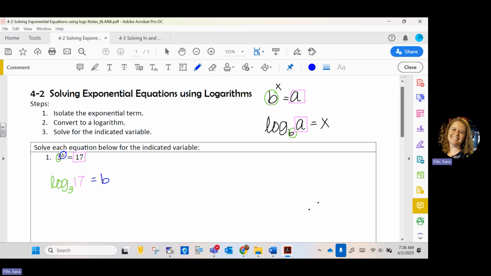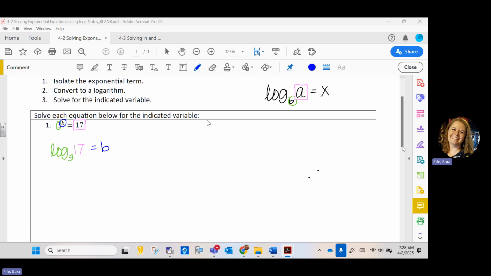So now I've actually already solved for the indicated variable. B is already alone now, isn't it? Now all I have to do is plug this into the calculator. When you test, it may not ask for a decimal answer. We're going to be testing you not only on whether you can type this in Desmos, but whether you did the steps correctly, so you may be asked to leave it in this form.